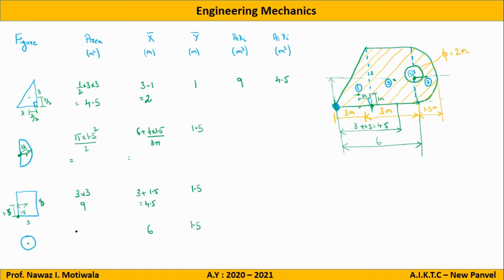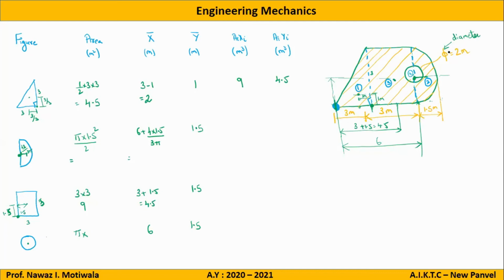And what will be the area? Area will be pi into r square. And what is r? Here a mistake happens, please observe. What was given to us? The circle is drawn with a symbol written beside it: phi is equal to 2 meters. This phi is nothing but a notation for diameter.